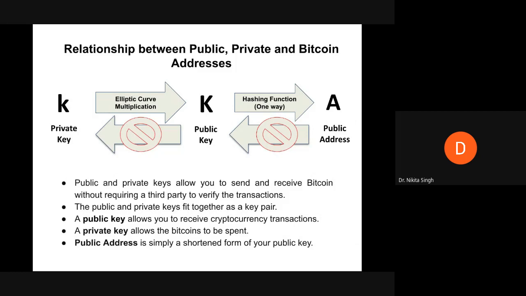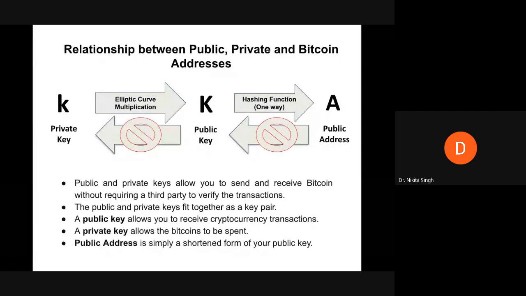That is, we make use of some trapdoor functions, some encryption algorithms, which function only one way. They allow you to move in the forward direction, but reverse engineering of these functions is not possible.